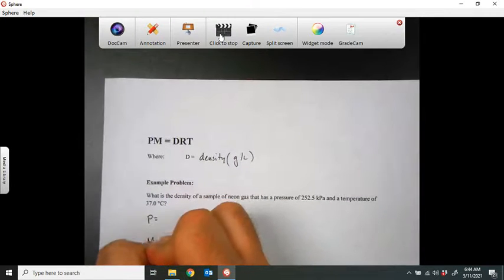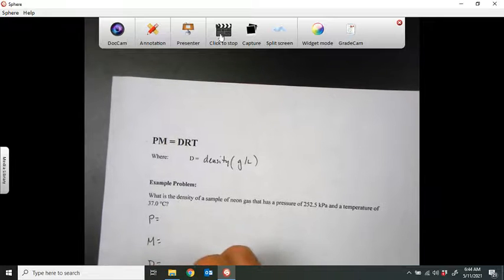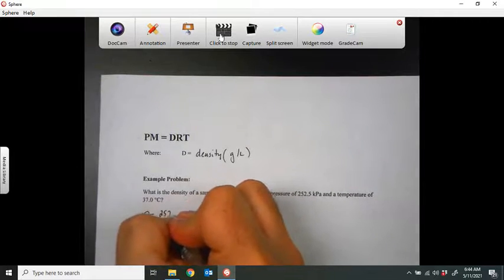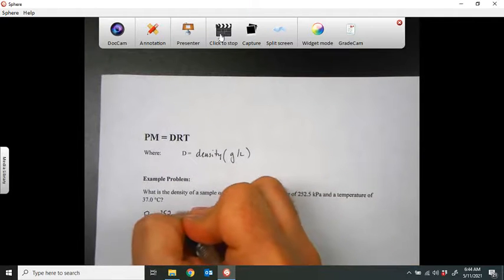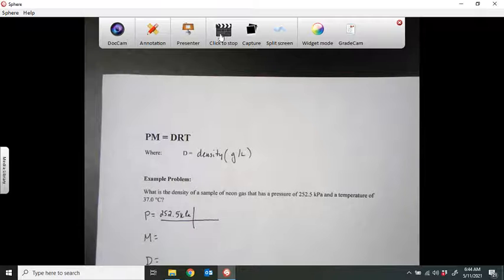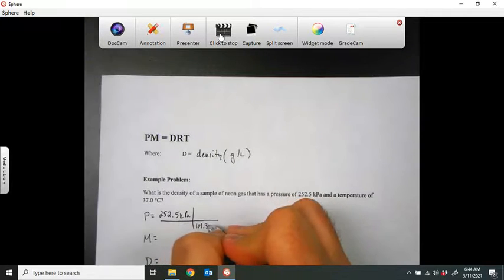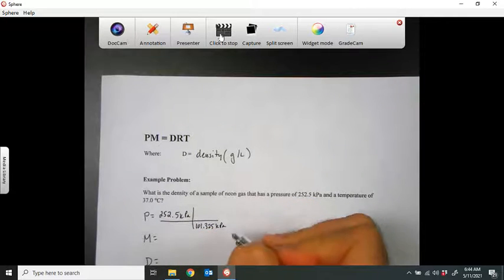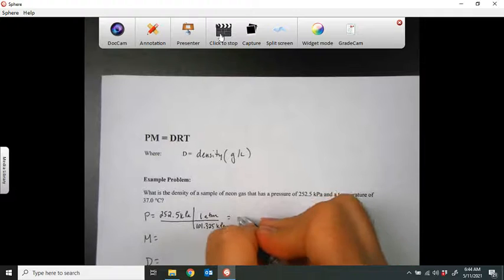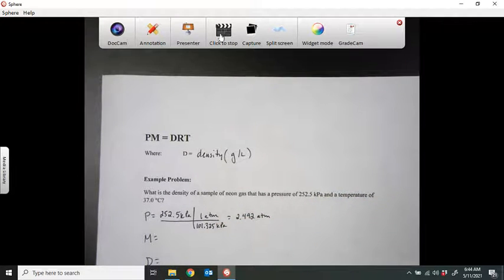So P, M, D, R, and T. Our pressure is 252.5 kilopascals. Well, it has to be in atmospheres, so we have to change kilopascals to atmospheres. This goes back to lesson 1, where we have pressure conversions. With 4 significant figures, we get 2.492 atmospheres.